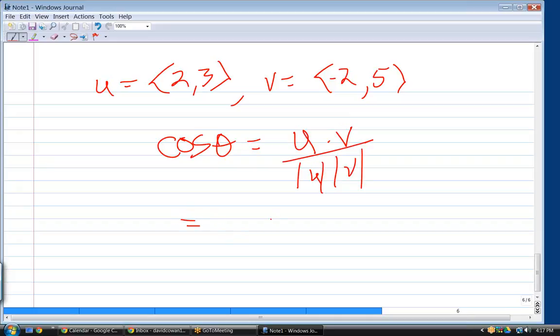What's u dot v? So is that 2 times 2, or 2 times negative 2 plus 3 times 5? Yes. Okay, it's 2 times negative 2, so it's minus 4 plus 15, so it's 11. What's the magnitude of u?